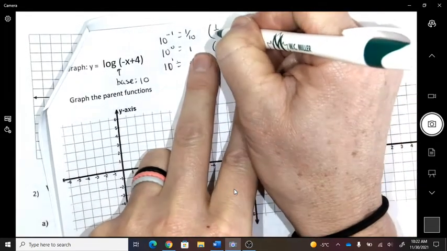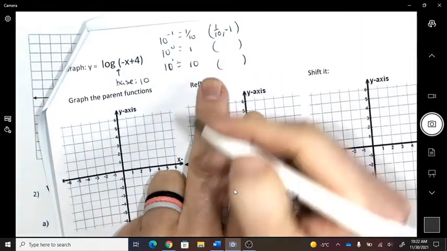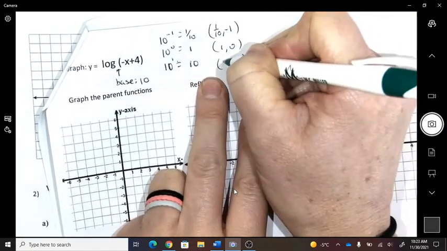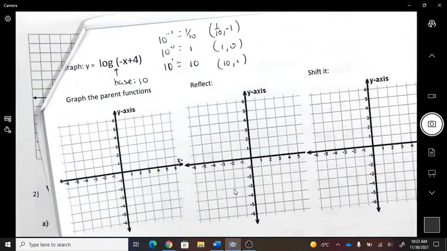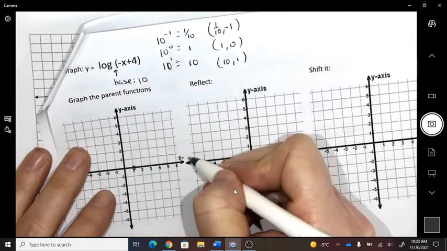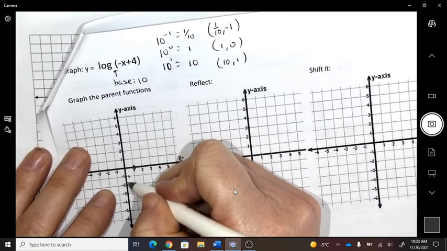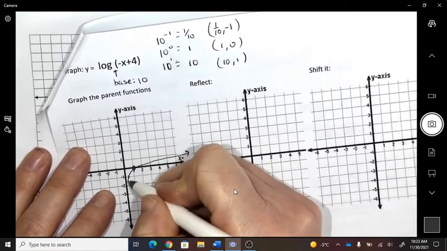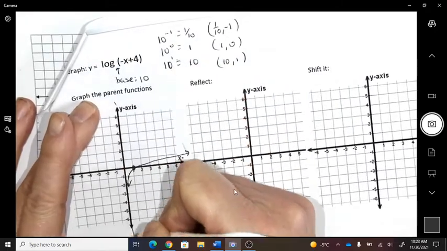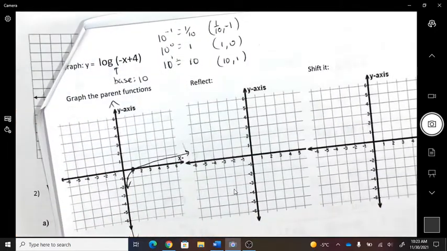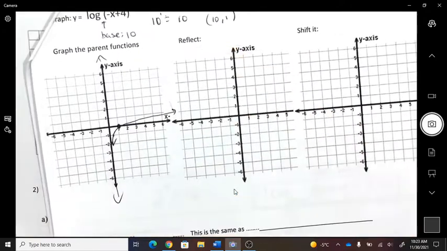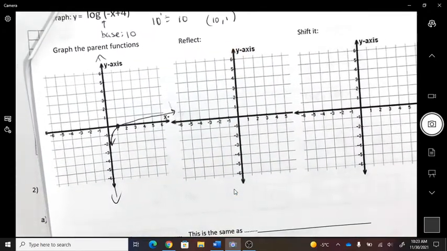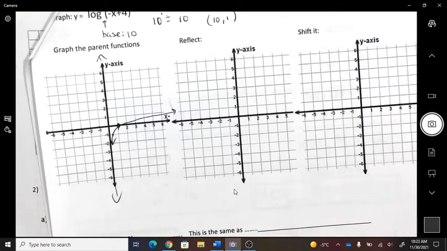So if this is a log, I have 1/10, -1, 1, 0, and 10, 1. Okay, so that would be the original graph. This is pretty flat because it's 10, 1.